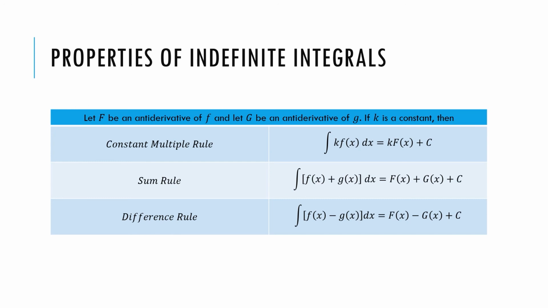Same with this. So let F be an antiderivative of f and G be an antiderivative of g. If k is constant, then for the constant multiple rule, the integral of k multiplied to f of x with respect to x is magiging k multiplied to F of x plus c.